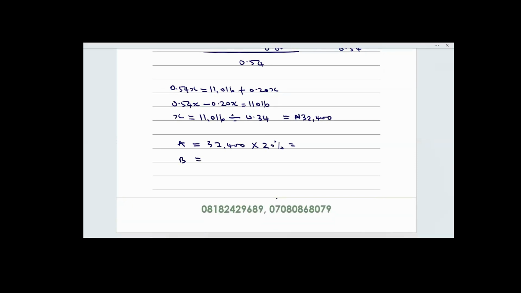Then for B, 32,400 multiplied by 0.8, that's 25,920. When you add it up, that's 32,400.